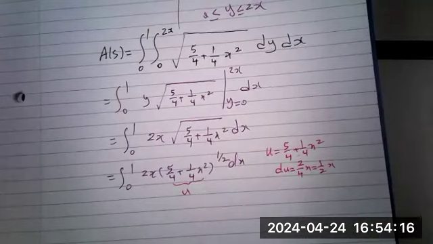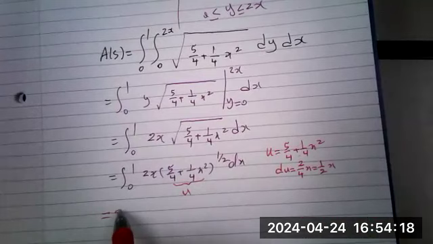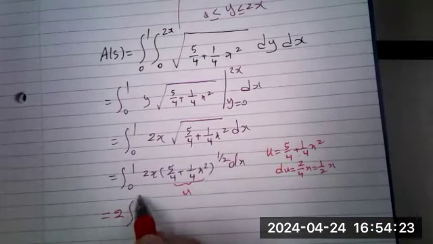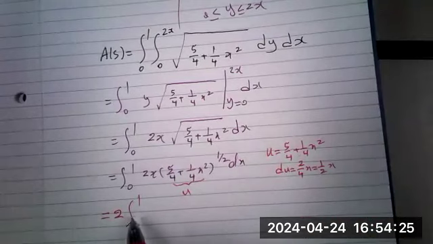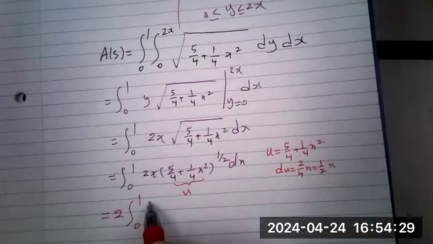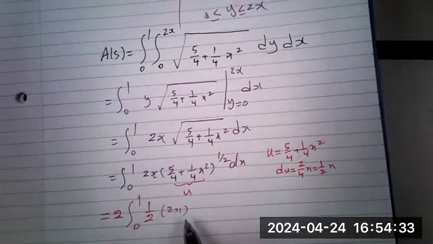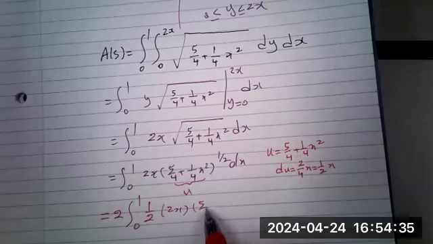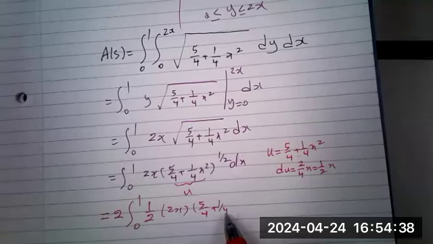Okay, so what I'm going to do is multiply it by 2, then divide by 2. You see, this is the way I do it. So multiply by 2, divide by 2, that gives you half a 2x times 5/4 plus a quarter of x squared.